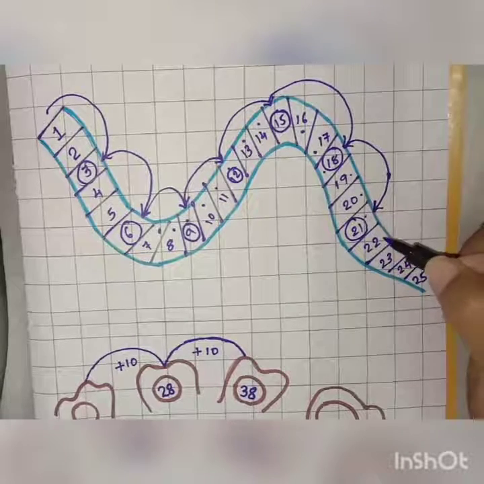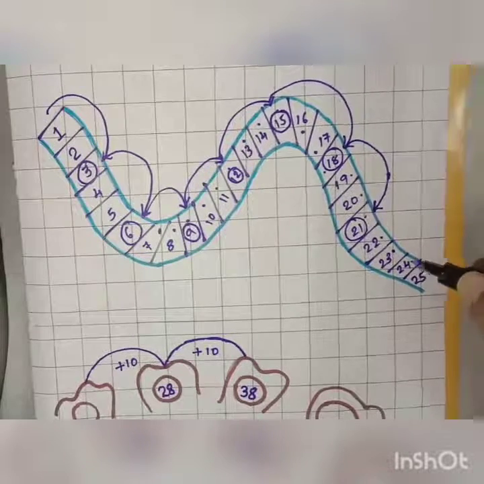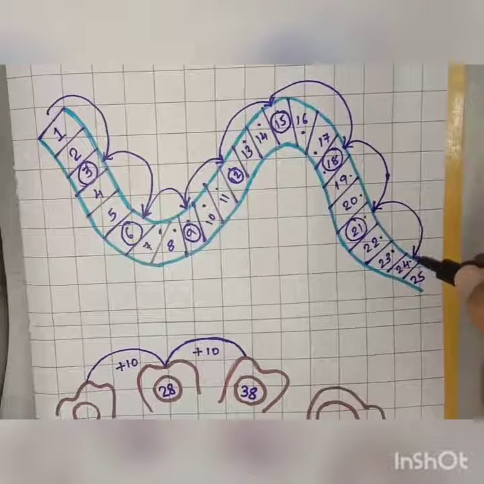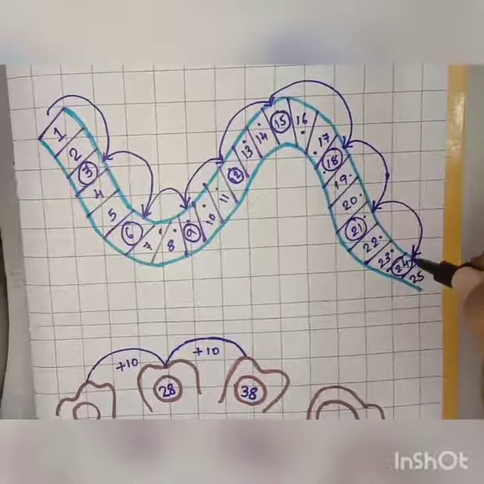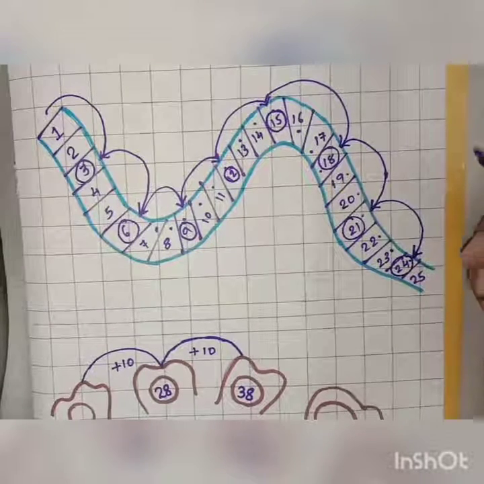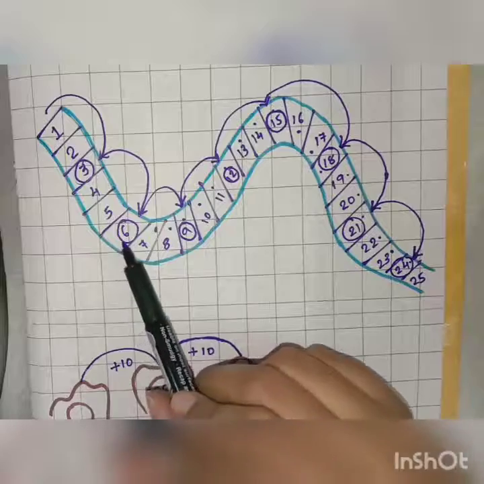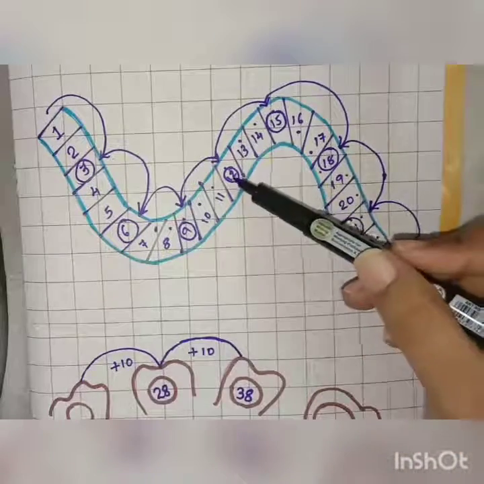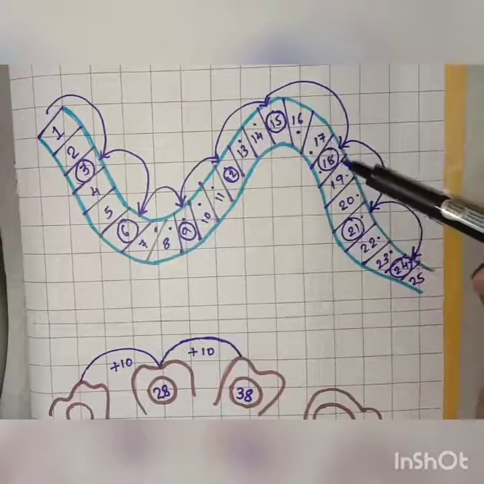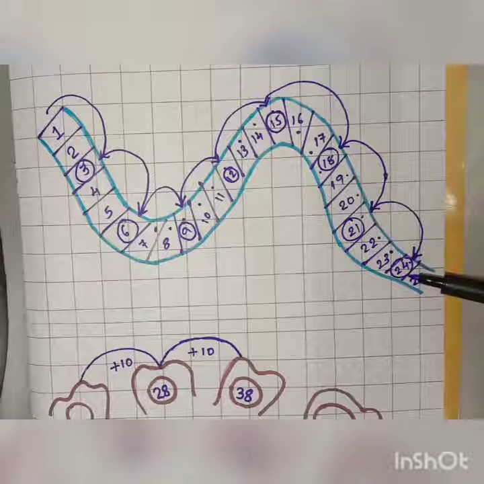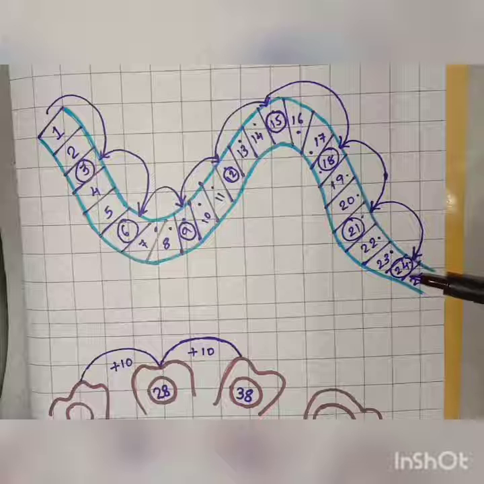After 21, 1, 2, 3. We get 24. So in this manner, we will get 6, 9, 12, 15, 18, 21 and 24. Clear? Very good.